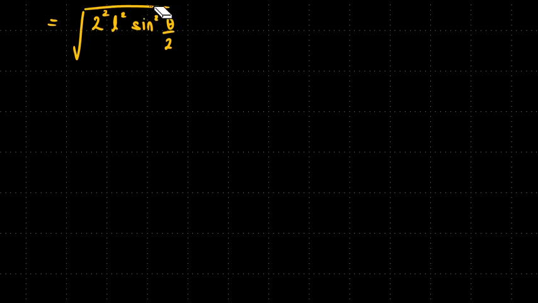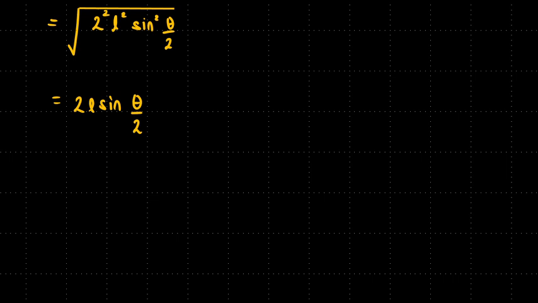Now we just need to remove the square root. So it's going to be 2L sine theta by 2. This is the magnitude, and this is actually it for the question.